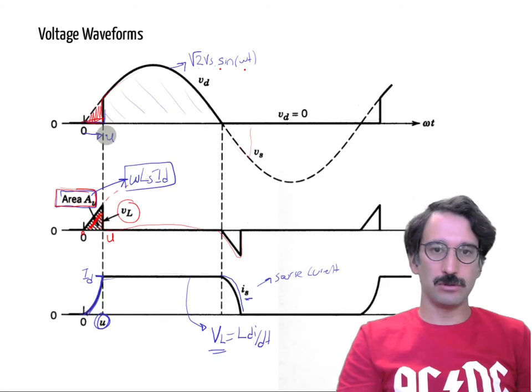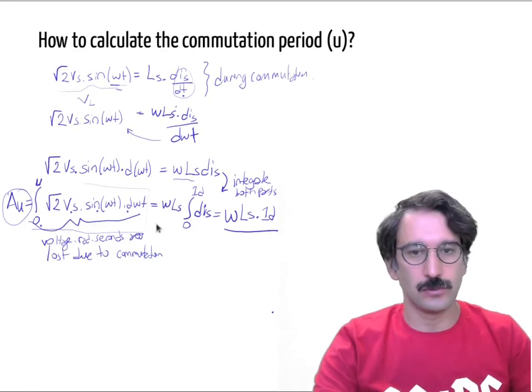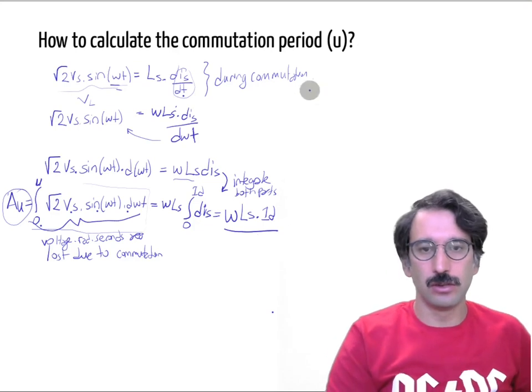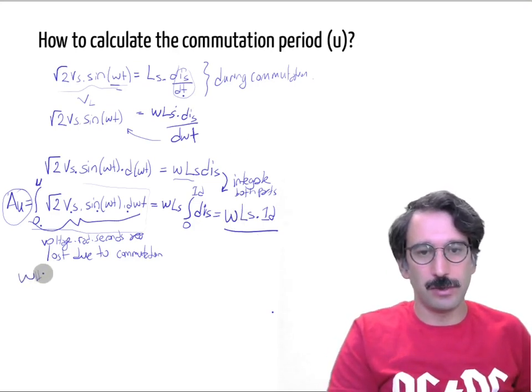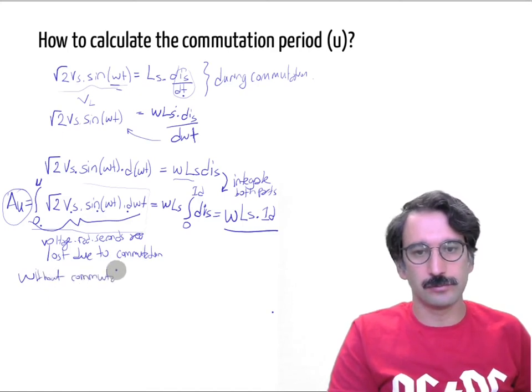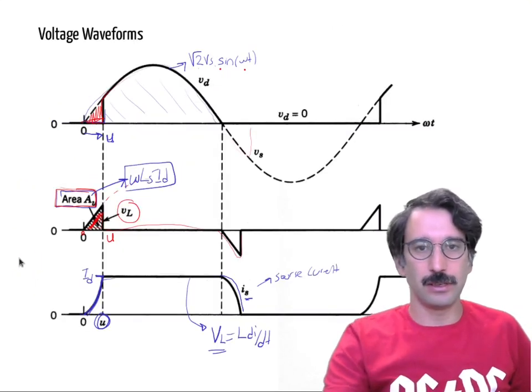I will also show how to calculate the u, but for now, if I want to calculate the average voltage, that is the area lost due to commutation. So without commutation, remember, what we had to do was integrate all that area and divide it by 2π.